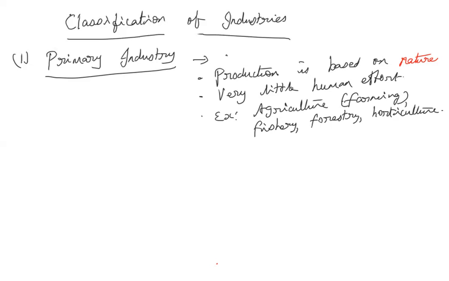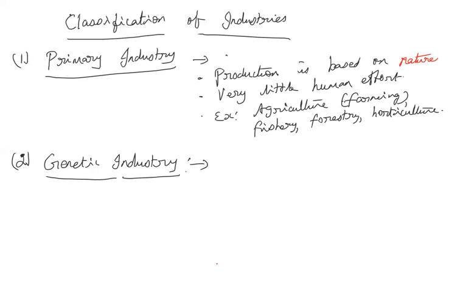And then comes the second category, the genetic industry. See, the structure of the industry which I have explained just now is important for the 5 marks. It can be asked either totally together or any one particular structure for the 5 marks.